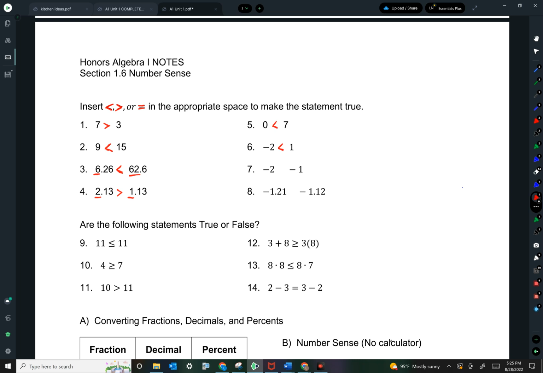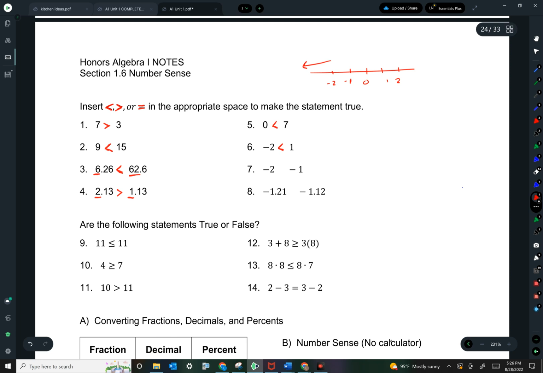On number 7, they're both negative. Now, I don't want you to have to draw a number line every time, but just as a reminder, on a number line, if this is 0, the positives go this direction, the negatives go this direction, and the further you are to the left, the smaller the value.